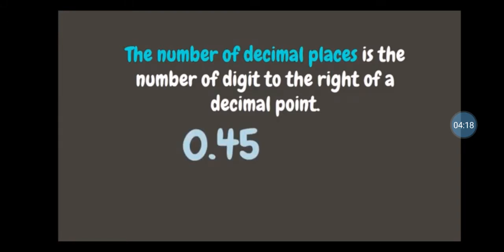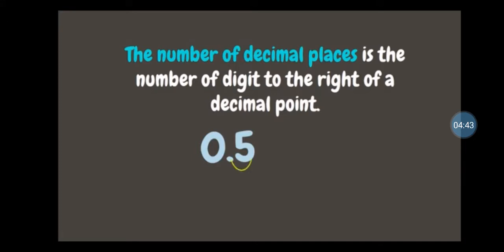Let's take some examples. 0.45. So, after decimal we have two digits, so it has two decimal places. 0.5. Here, after the decimal point, we have only one number.